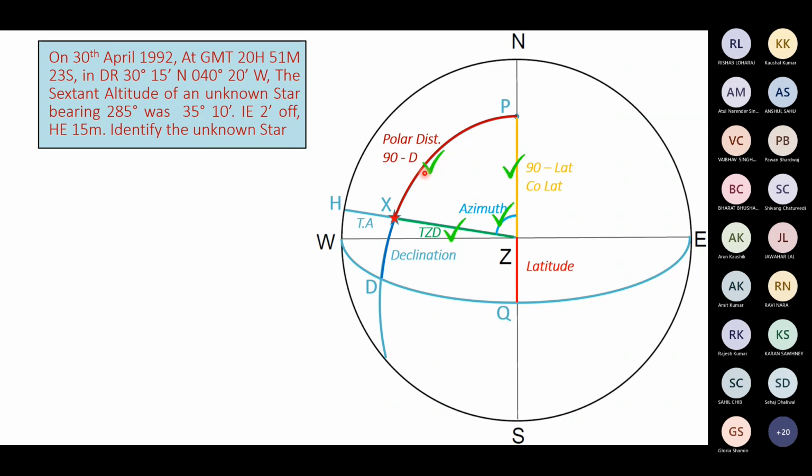Now we have the third side of the triangle also known to us, Papa X-ray. The polar distance is available to us for any further calculations. Let's now apply the cosine formula again and find out another part of this triangle.